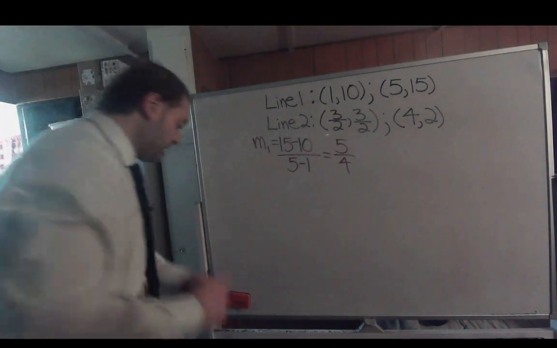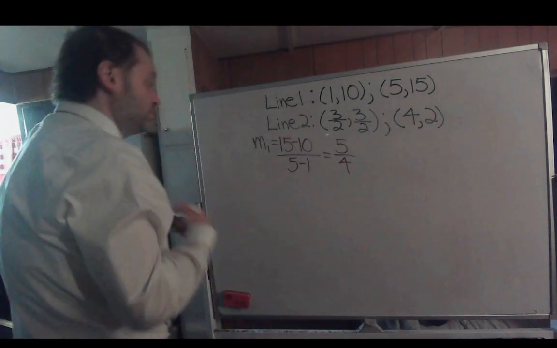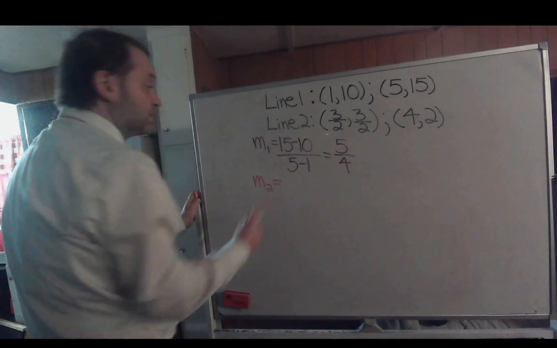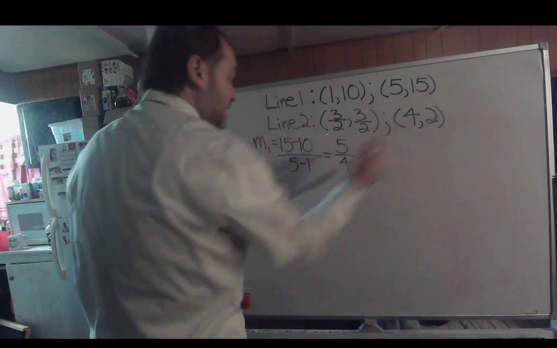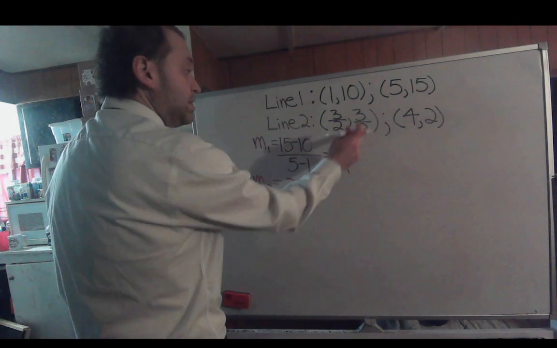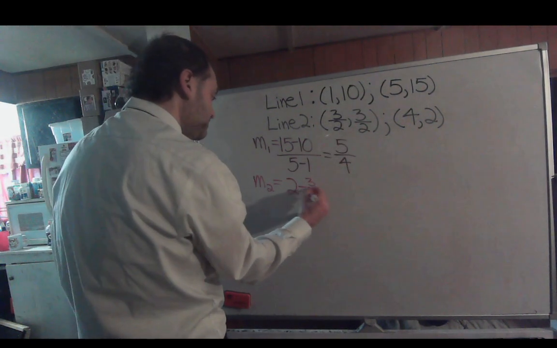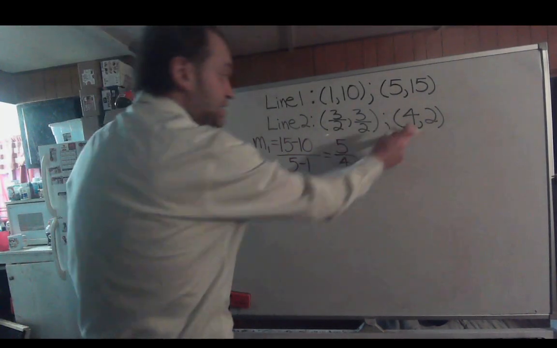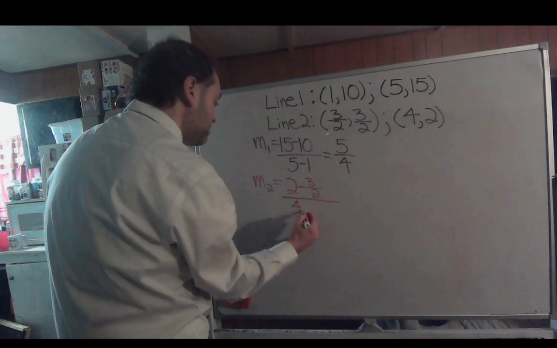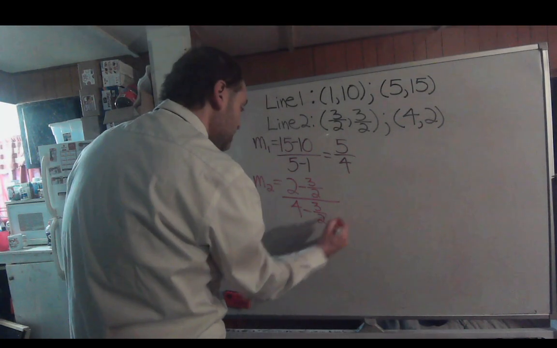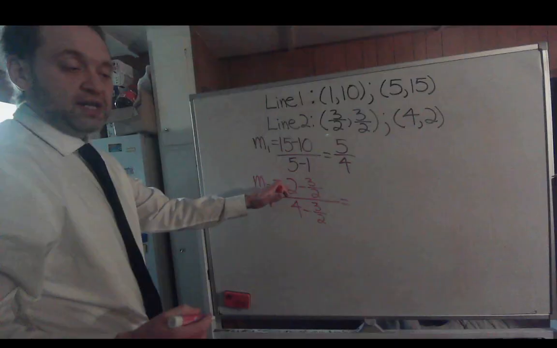Okay. What about the slope of line 2? So slope of line 2, of course, you'll take your y2 of 2 minus your y1 of 3/2, divide that by your x2 of 4 minus your x1 of 3/2. Okay, so what is 2 minus 3/2?